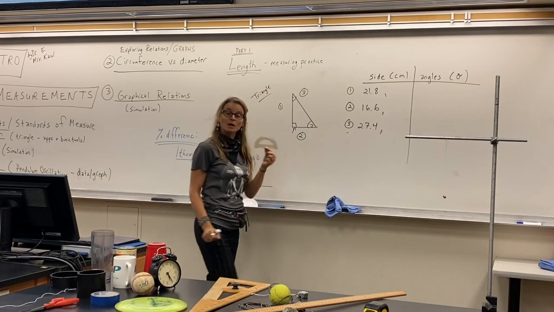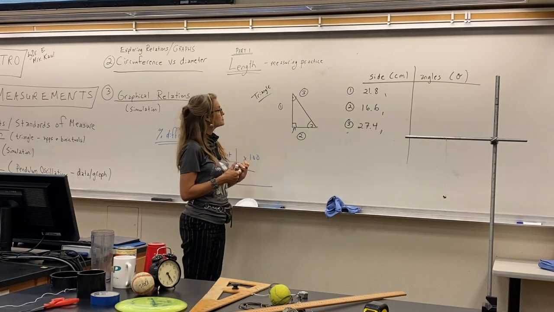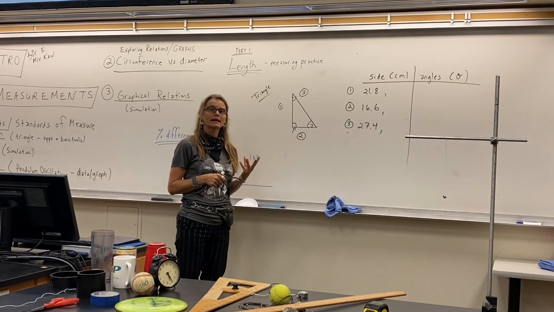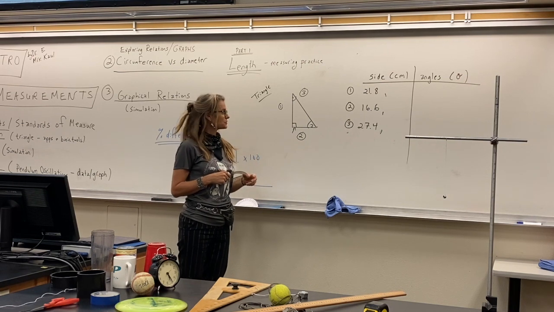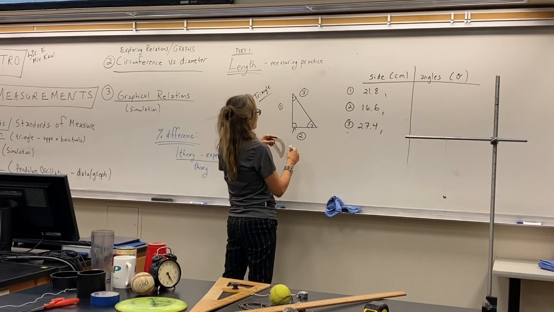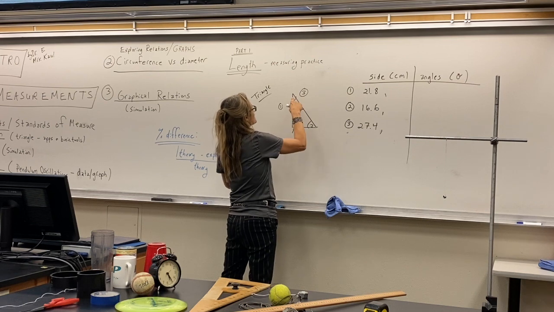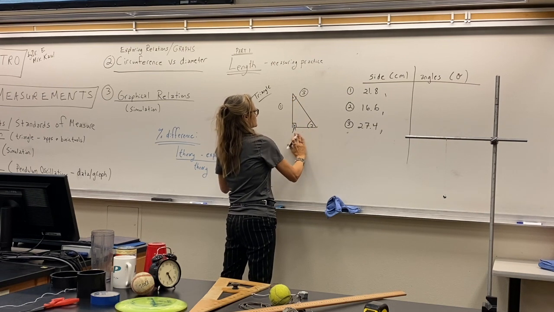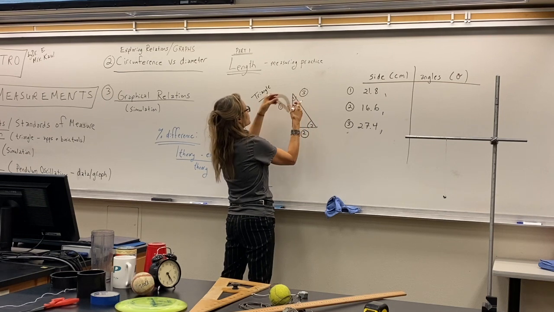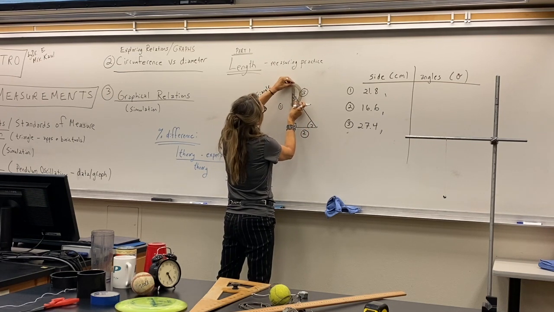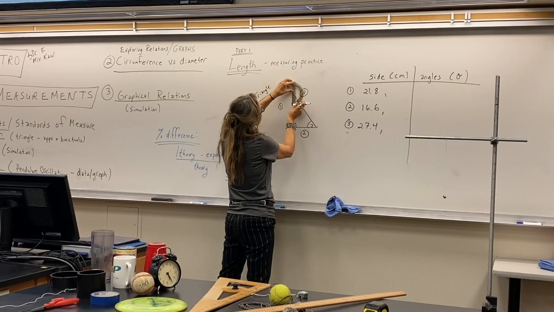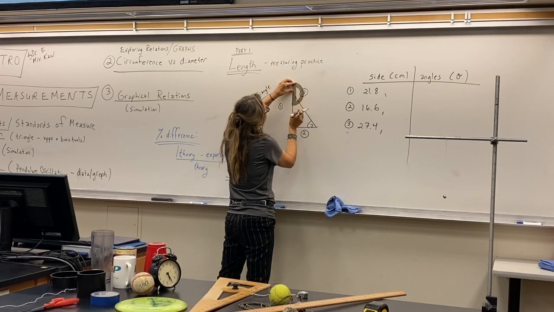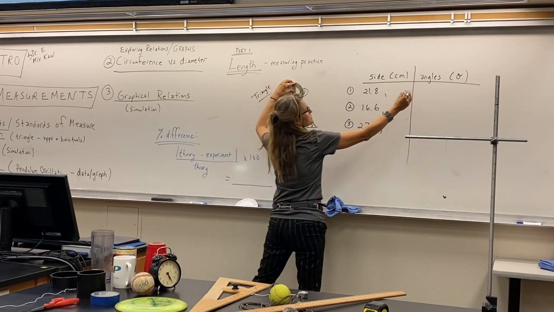We're going to be using a lot of these in future labs when it comes to equilibrium, so it's important to get a handle on how to measure angles. So I have this labeled as angle 1. I'm going to measure angle 1, place my central point here, and I get about 35 degrees.